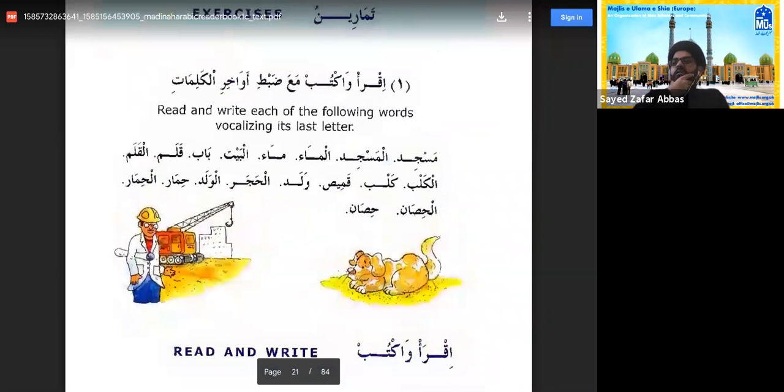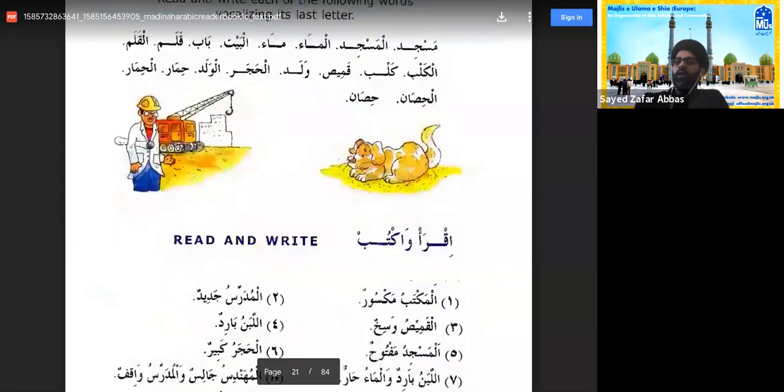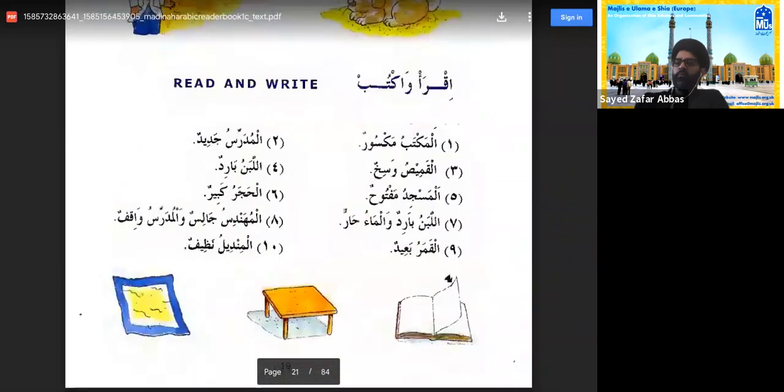So here we got the examples or the exercises of the words which are telling us masjid, al-masjid, al-ma, ma, bayt.